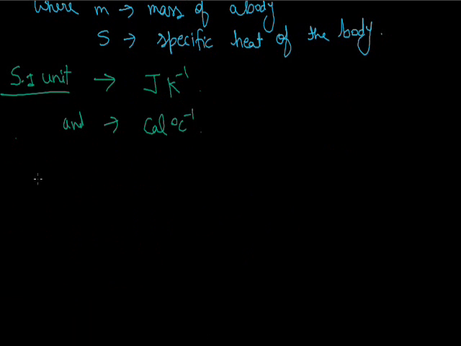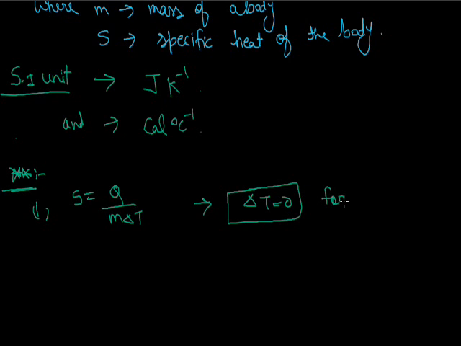Now, an important point about specific heat. We know s is equal to Q divided by m delta T. If the substance undergoes a change in phase, that means no temperature rise or fall, so delta T is equal to 0.